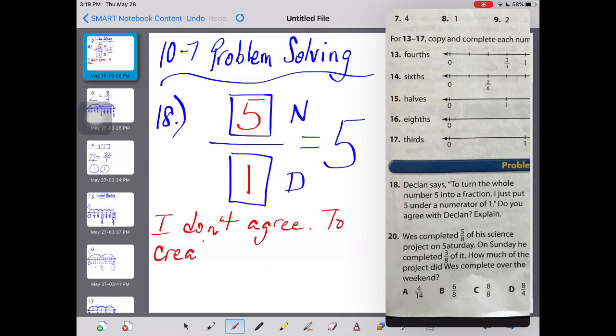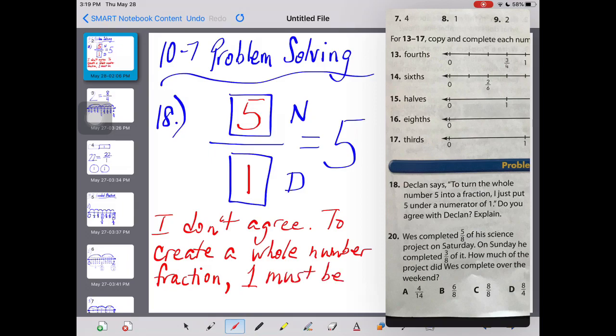To create a whole number fraction, 1 must be the denominator, and Declan said it was the numerator. So all he had to do was switch this around and say the 1 should be the denominator, 5 the numerator, and we're good to go.